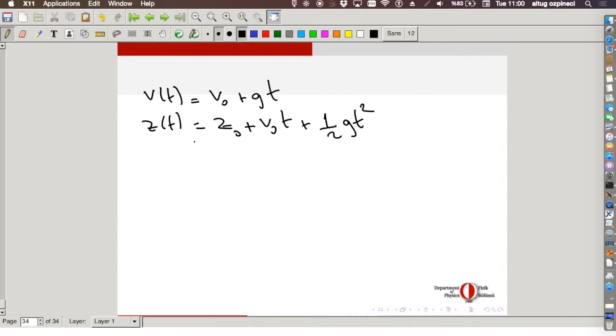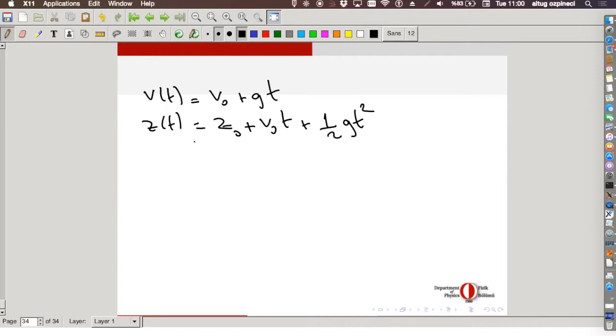Now, one common mistake is, what is the sign there, v0 plus gt or v0 minus gt? That's one problem with memorizing formulas, because you just memorize this one. You cannot memorize under which assumptions you derived it, and that would lead you to make mistakes. So I would suggest you not to memorize formulas. In the exam you will be given the formulas.